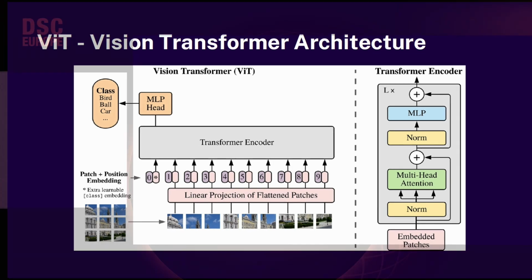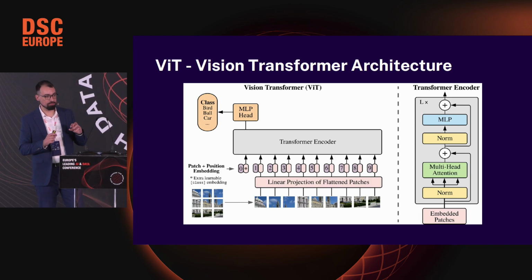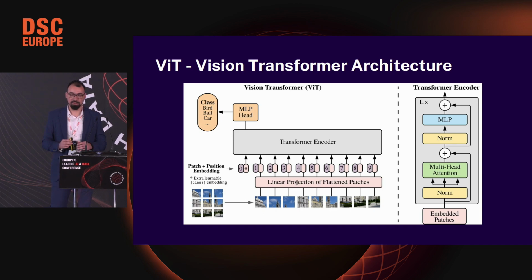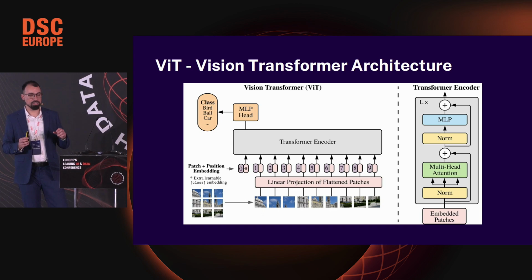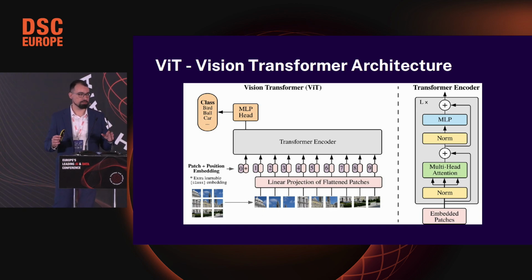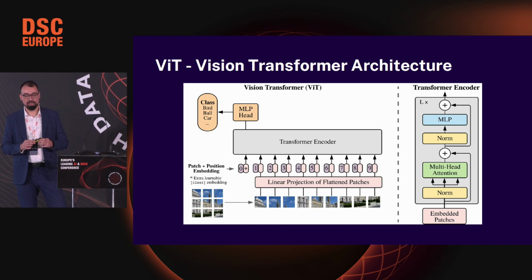Okay, so the idea was that since we cannot use all of the pixels because it's computationally too expensive, researchers from Google split the image into small patches, right? In this example, the image is split into 3 by 3 patches, so it's 9 patches.